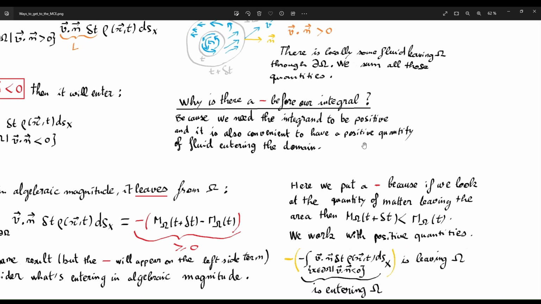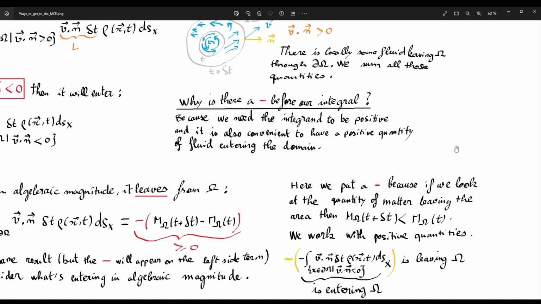Here, we put a minus because if we look at the quantity of matter leaving here, then m omega at t plus delta t is strictly inferior to m omega at t, and we want to work with positive quantities, because it would be odd to have a negative quantity of matter leaving or entering the domain.